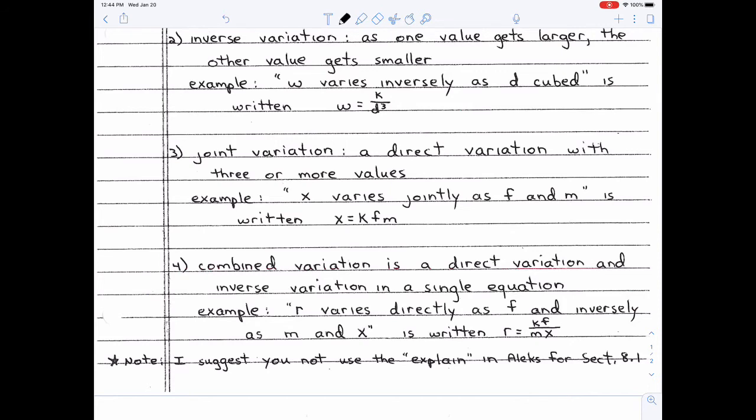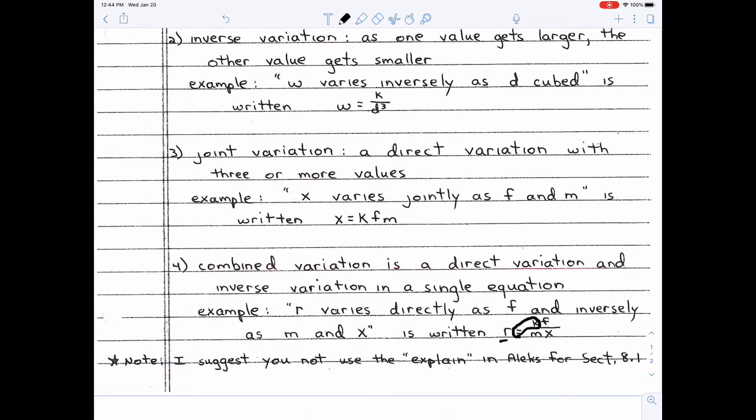So r varies, again, as equals k, directly as f, so you multiply by f, and then inversely as m and x, so you divide by m and x, okay?